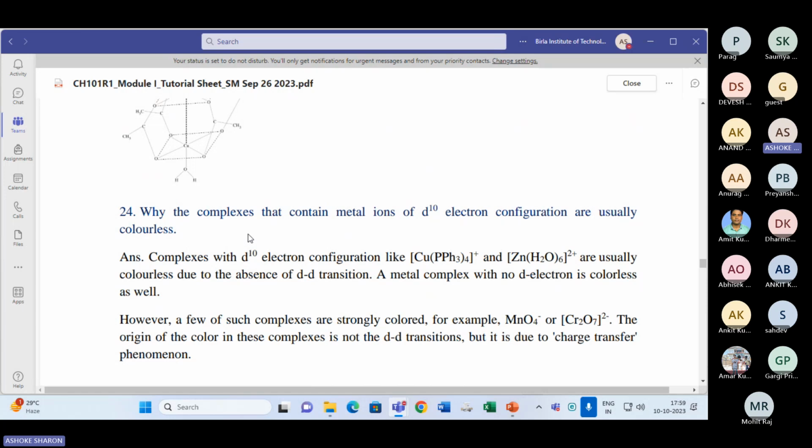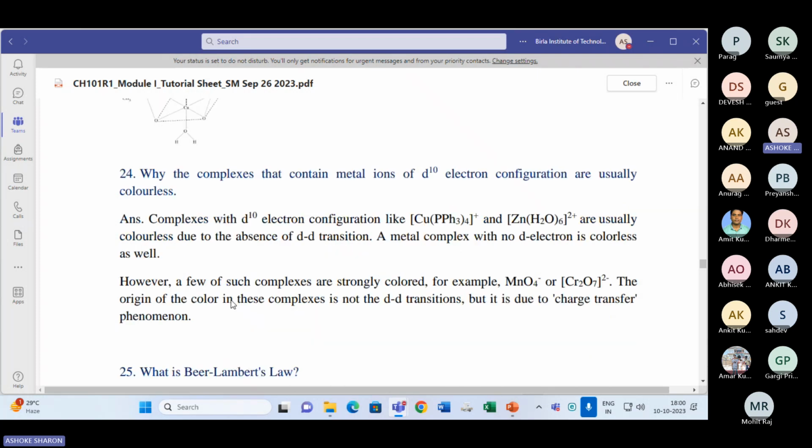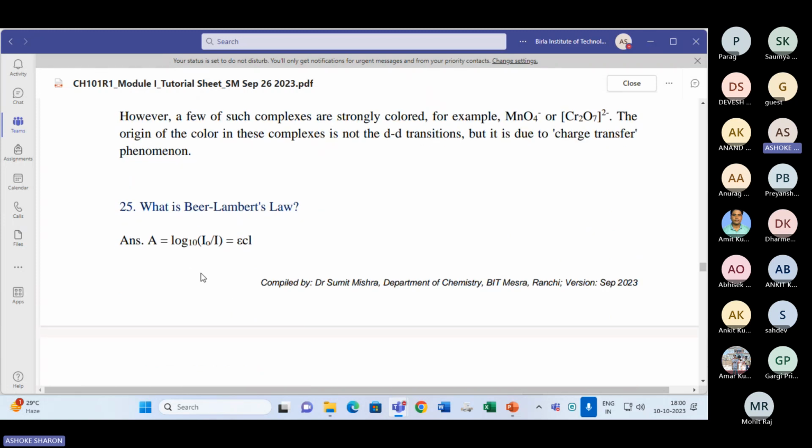For d10 also, all the orbitals are filled up, no extra CFSE, and there is no vacant orbital for the transition of an electron, so no electronic transition takes place. However, for the d0 system like MnO4- and dichromate, the colors appear due to ligand to metal charge transfer. We have discussed that one.